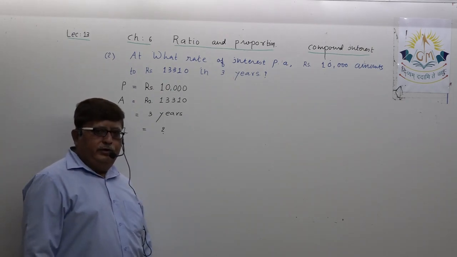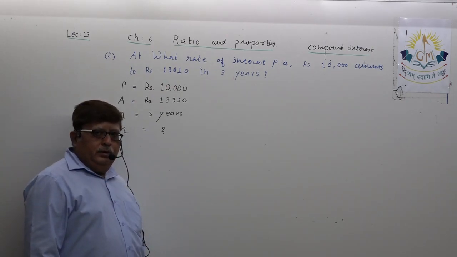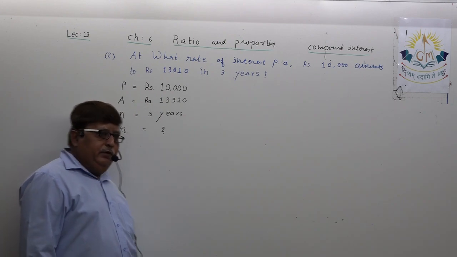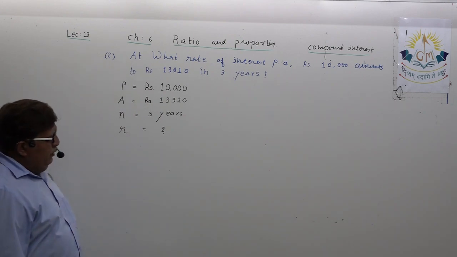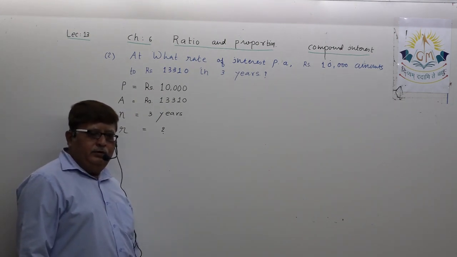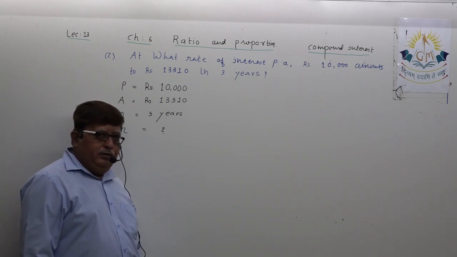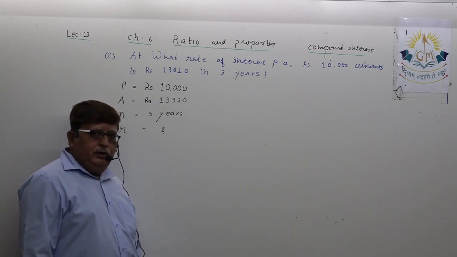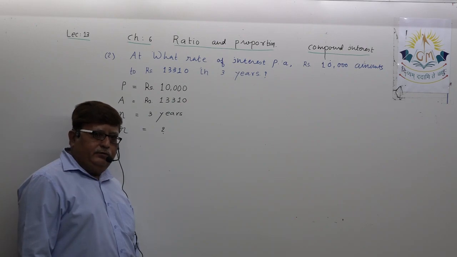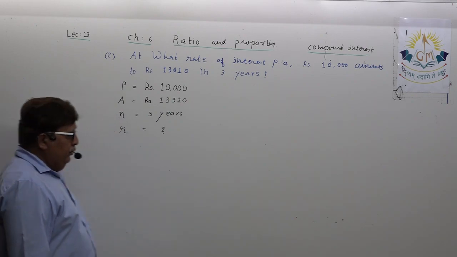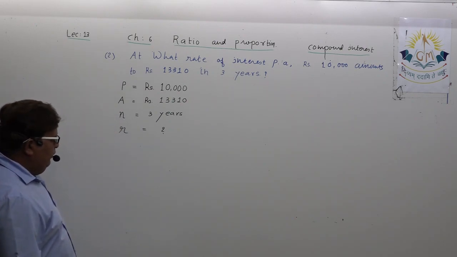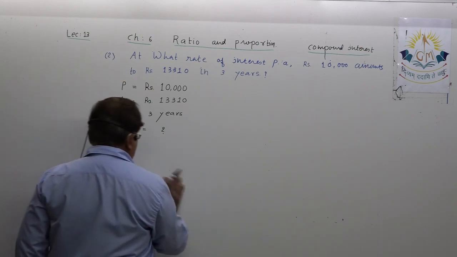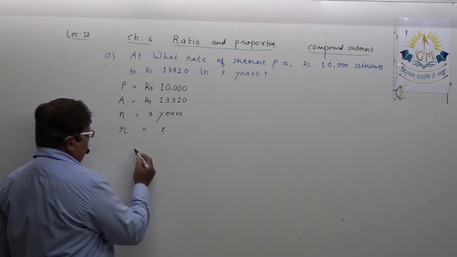P has been given, A has been given, N has been given, and you are looking for R, that is the rate of interest. Okay, dear student, let us carry out the sum.